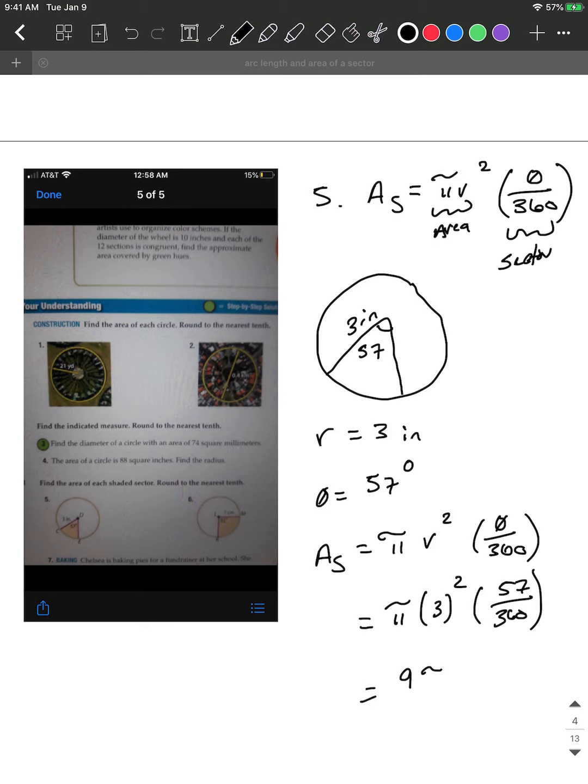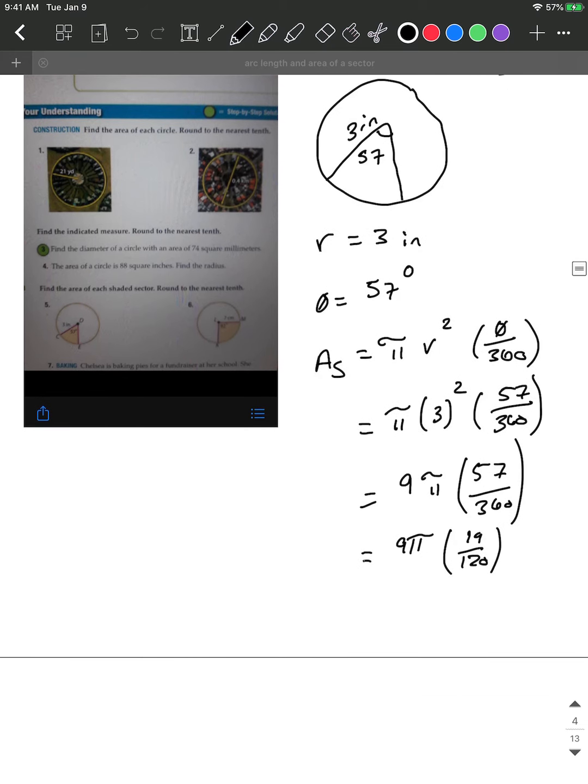So we'll get 9 pi times 57 over 360. I really don't think that simplifies to anything. Well, hopefully I'm proven wrong. Yes, I am proven wrong, which gives us 9 pi times 19 over 120.